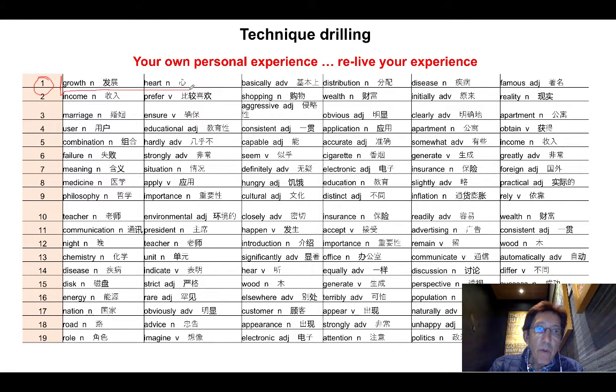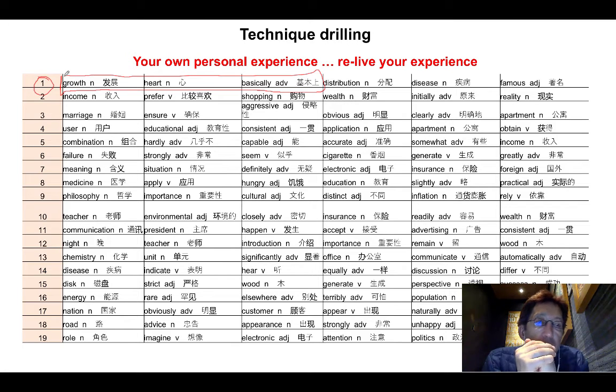The first 3 words: growth, heart, and basically. It's kind of a little bit difficult. Do you want me to change? You got it? Go ahead. Yeah, I got it.